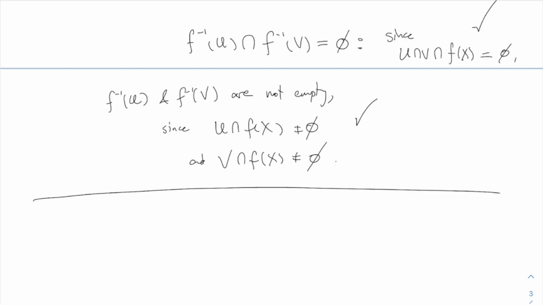I would like to think about connected sets and what happens when you combine connected sets together. Do you get other connected sets? So the question is, if I have two connected sets, C1 and C2, both connected, then is C1 union C2 connected?